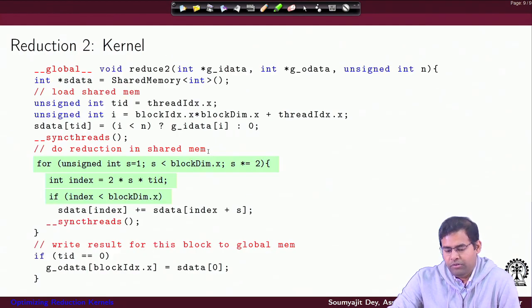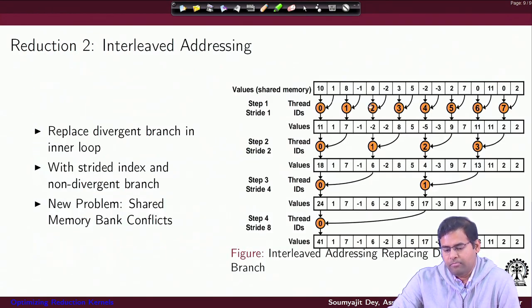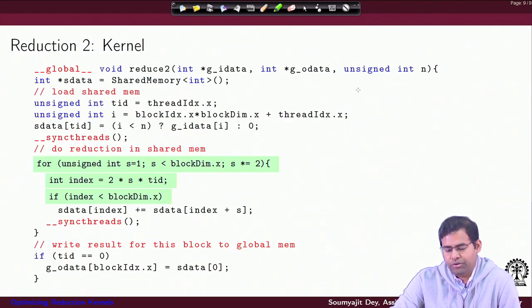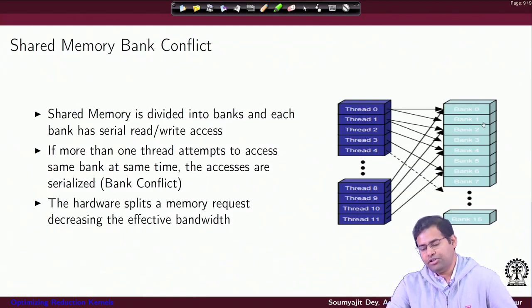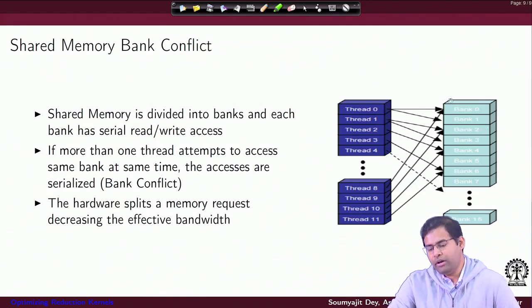Now, if we look into this picture, every thread is accessing 2 consecutive locations, right? The next thread is again accessing 2 consecutive locations, so on and so forth. So if you look at the way the threads access the shared memory, thread 0 accesses bank 0, bank 1, thread 1 accesses bank 1, bank 2, like this.